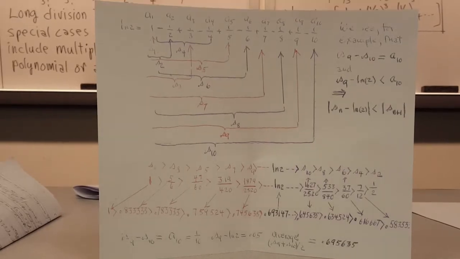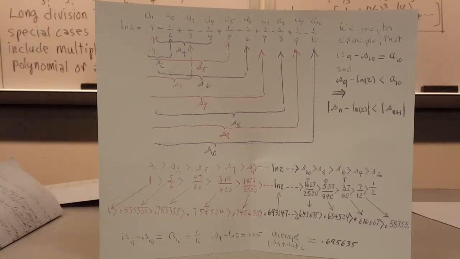If you look on the sheet for the alternating series, is for log 2. You see, if you take the partial sums, the red ones where you end up with a plus, you get these various decimals in sequence, which are always too big.